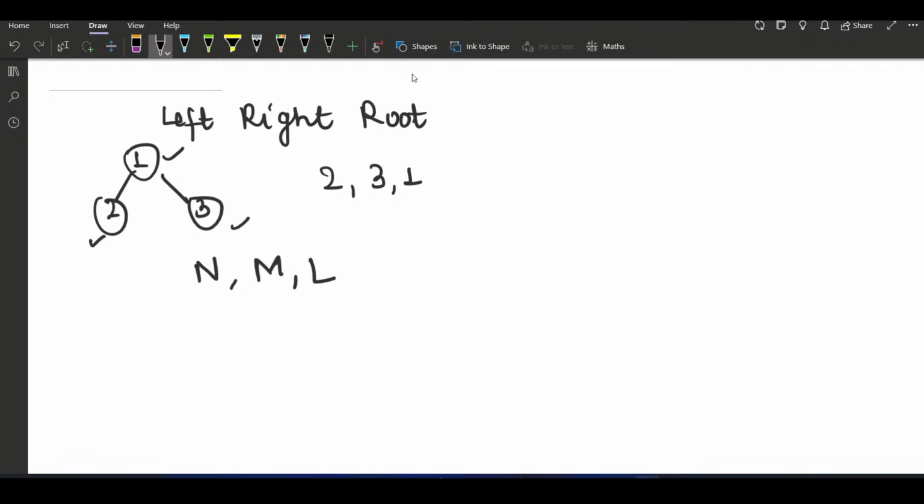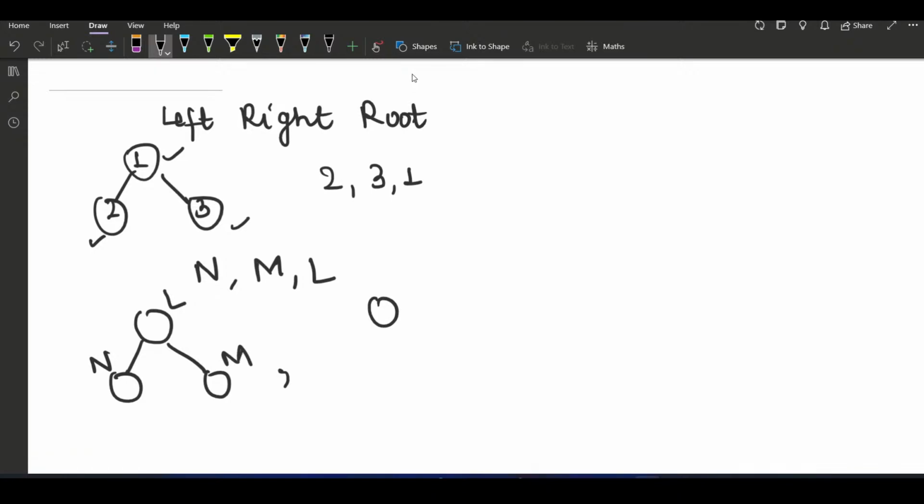Let me draw those combinations. Let's consider this example, with L and N. The first example can be this.